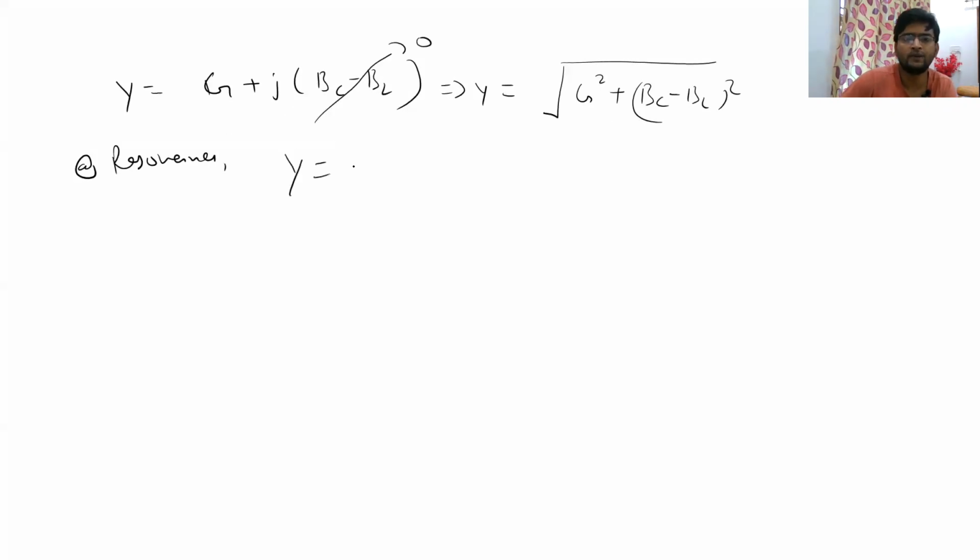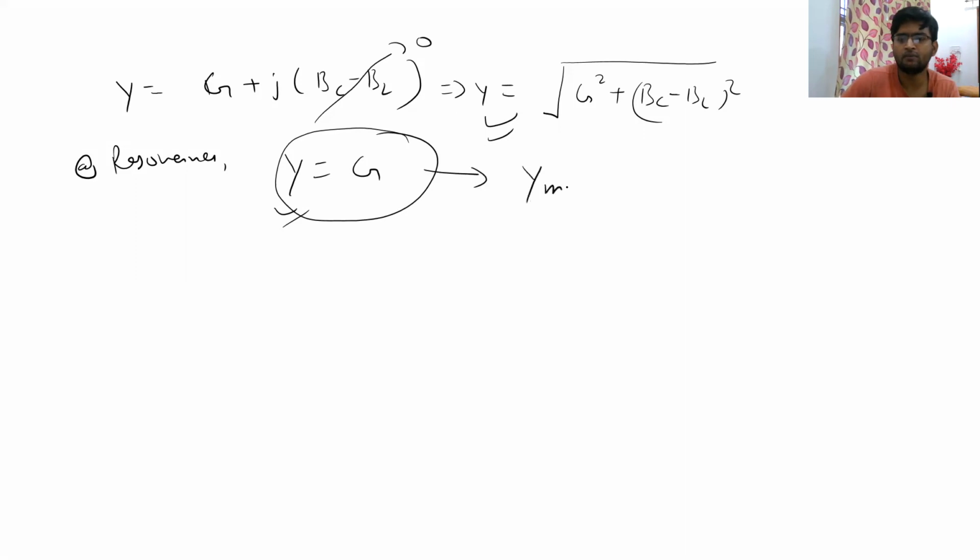So your Y will become equal to G. And can you tell me, this one is higher or this one is higher? Definitely this is lower than the previous case. So at resonance, we are actually getting the minimum value of Y, right? Since you know that Y is nothing but 1 by Z, at resonance, are you going to get minimum Z or maximum Z? Definitely you are going to have a Z maximum.